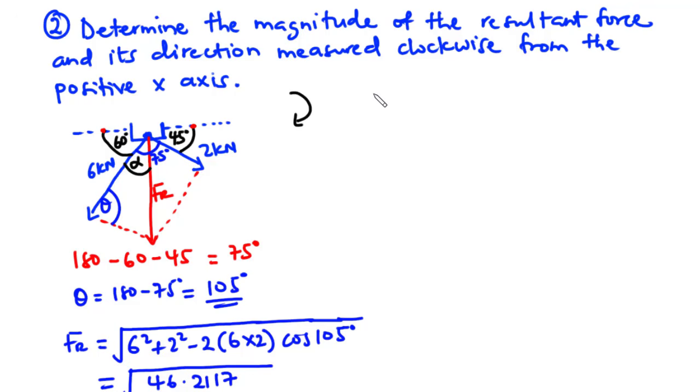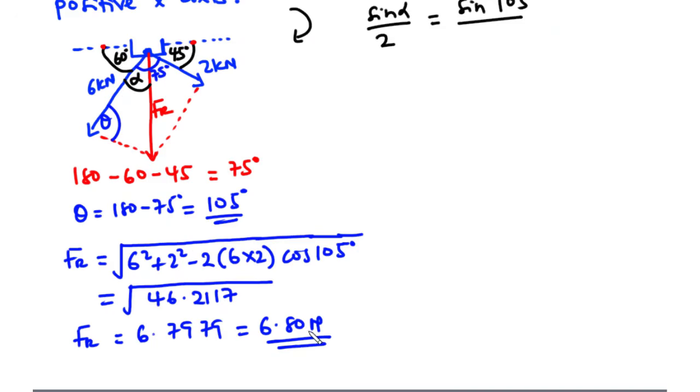So using the sine rule, we have sine alpha divided by, now opposite of alpha is the 2 kilonewton force. So we have 2 equals sine theta. Now theta is 105, so we have sine 105 over, now opposite of theta is FR, and then FR is equal to 6.80, but for the purpose of our calculation, let's use 6.7979.